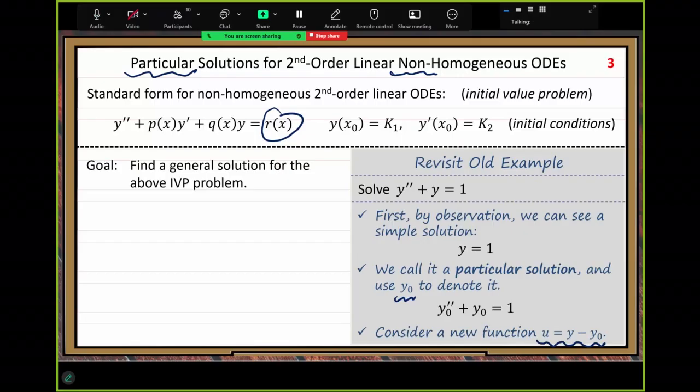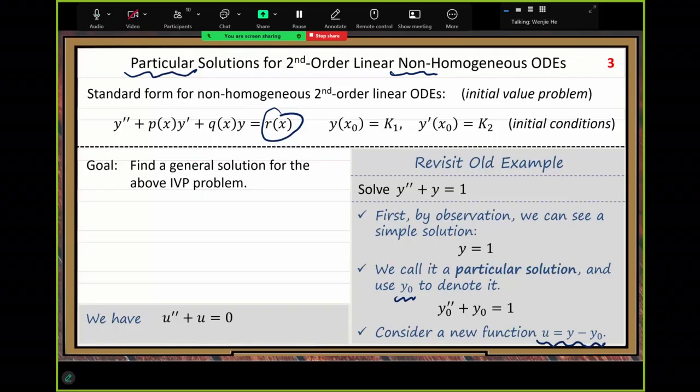Y is the solution for the original equation, but we take the subtraction with one particular solution. Any solution y minus just one particular solution y0, that difference function will be the solution of the homogeneous version of the original second order linear ODE.